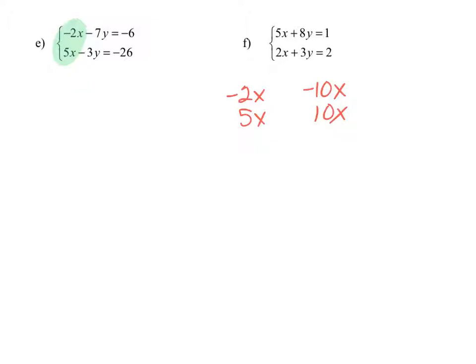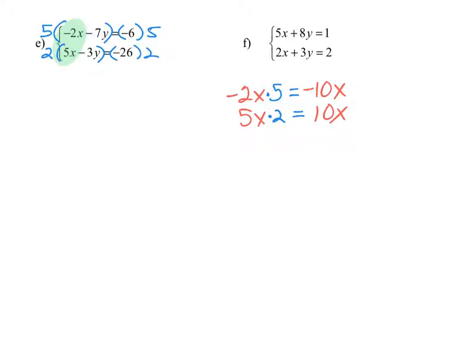And in order to do that, we would have to multiply negative 2x by a positive 5 to give us a negative 10x, and we would have to multiply 5x times 2 to give us a positive 10x. So we're going to multiply the whole first equation by a positive 5 on the left side and the right side, and we're going to multiply the whole second equation by a 2 on the left side and the right side. We're going to write those equations.